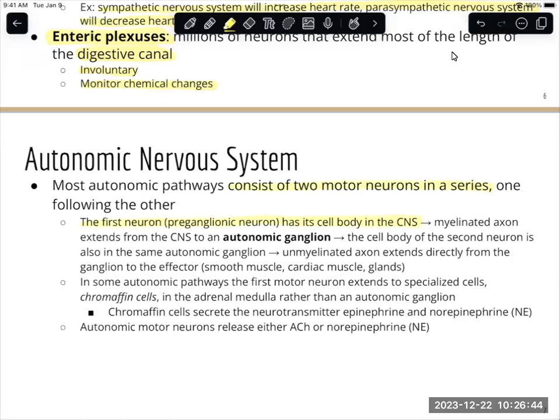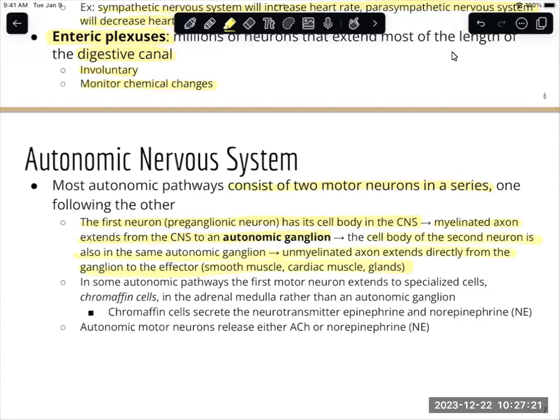It's going to leave on a myelinated axon from that central nervous system. It's going to go to an autonomic ganglion. So it's going to go synapse with another neuron in this autonomic ganglion where cell bodies are found. That second cell body is in that autonomic neuron, and then it's going to leave on an unmyelinated axon to its effector. Smooth muscle, cardiac muscle, or glands.